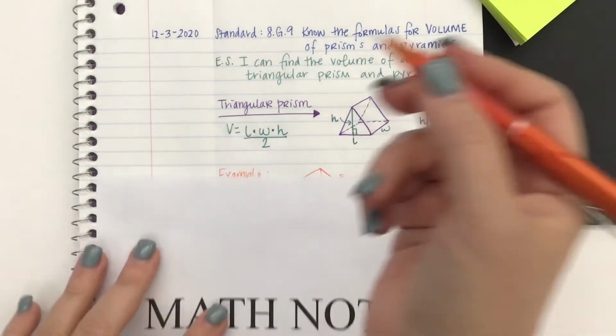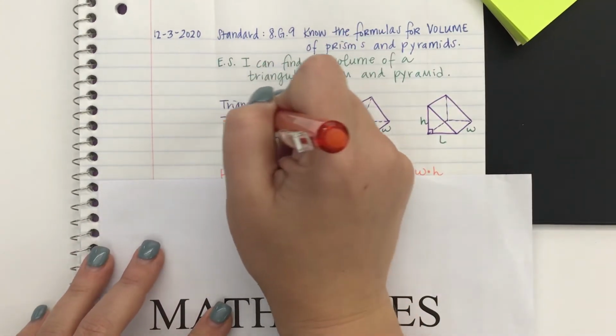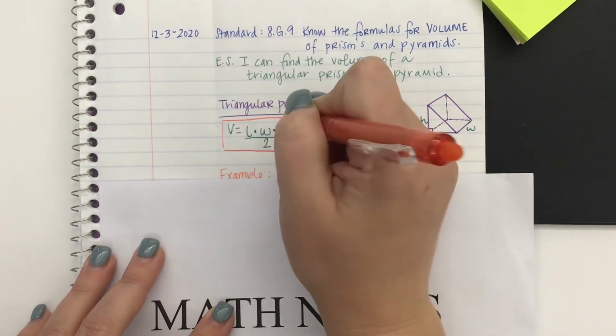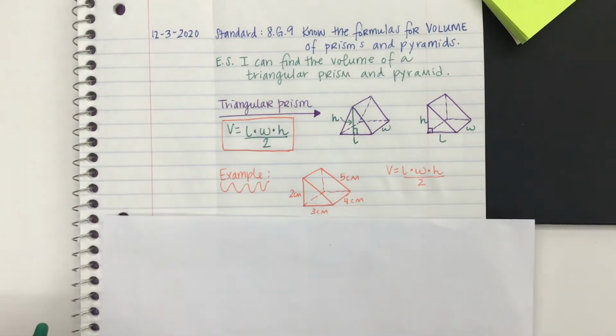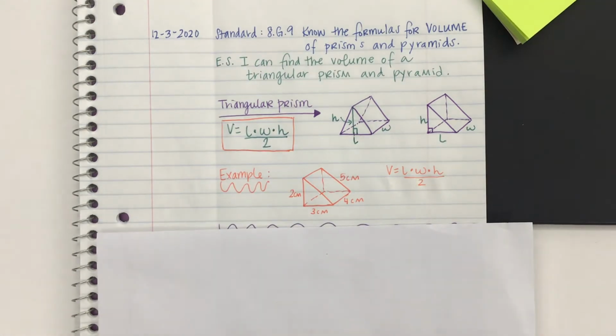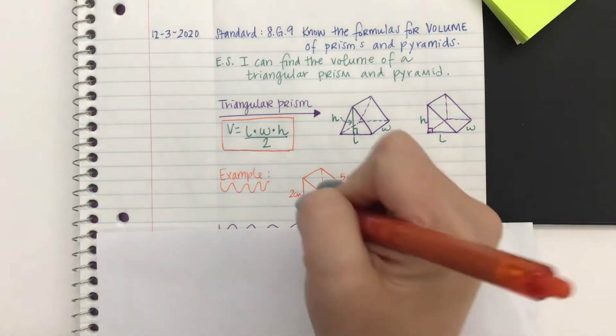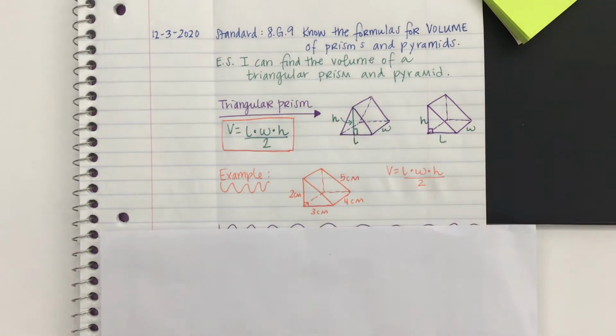So let me go ahead and box it because you know that this is the formula and this is what's important. Okay, so now we're going to do an example. So here's our example. Again, feel free to pause the video at any moment to draw these shapes and then we'll do the problem together.